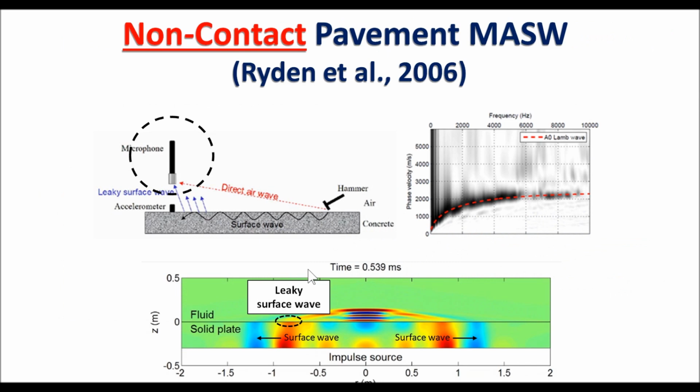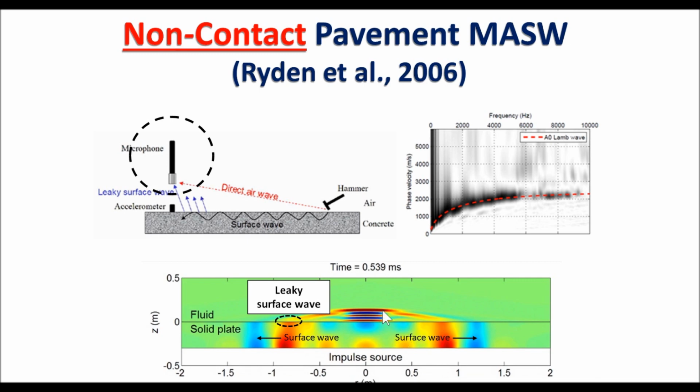A few years later, Dr. Ryden came up with this non-contact approach that used a microphone hanging in the air right above the pavement surface, not an accelerometer, and it picked up so-called leaky mode surface waves.